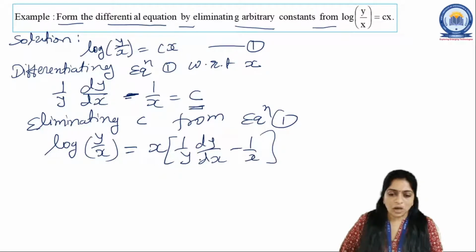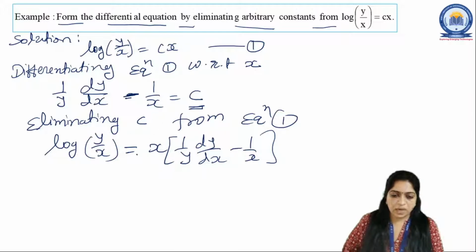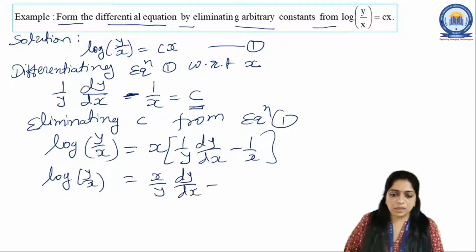After simplification, we have x log (y by x) equal to x by y dy by dx, the x's cancel in the second term, so minus 1.